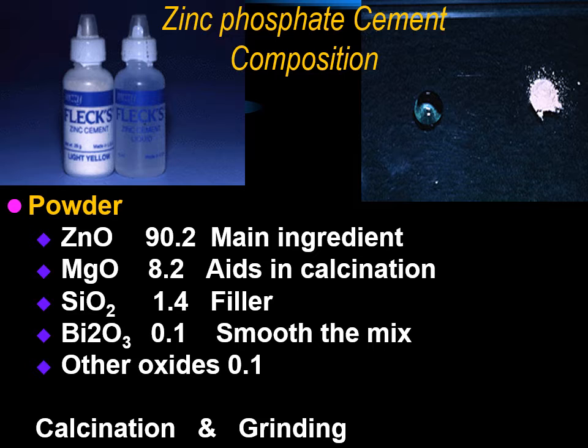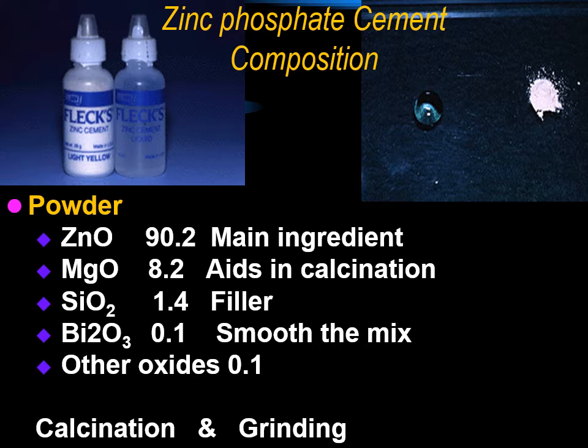Other oxides are added, such as silicon oxide used as a filler to give strength, and bismuth oxide to smooth the mix. The calcination process means combining all the ingredients together by the manufacturer, heating them to a high temperature till all the ingredients are fused together, then grinding them to a fine powder.